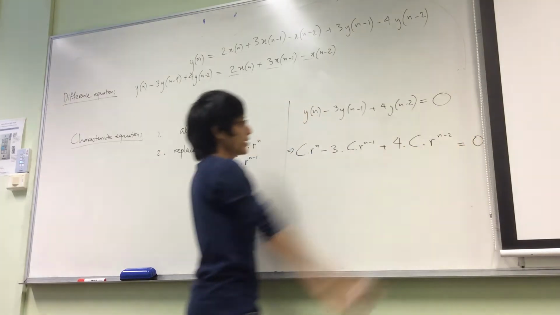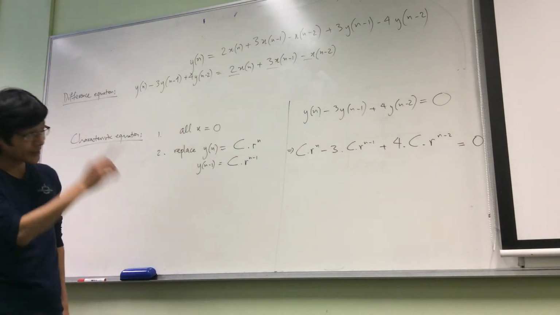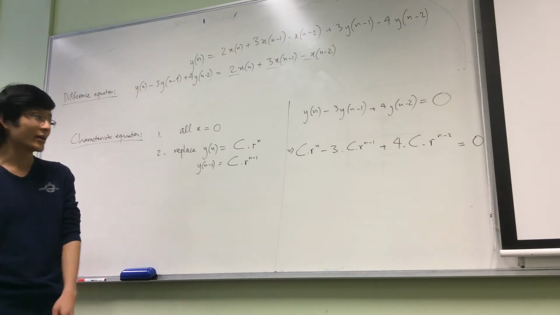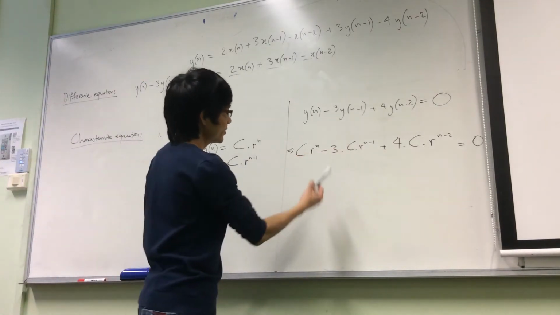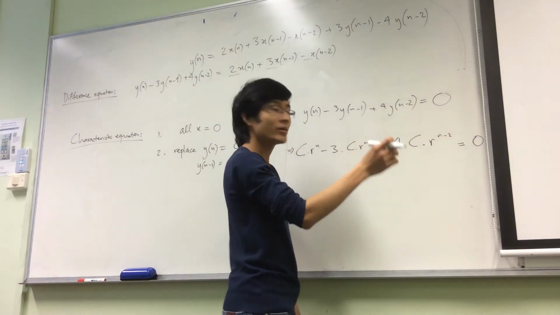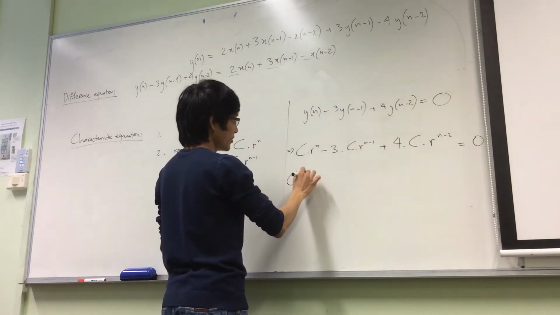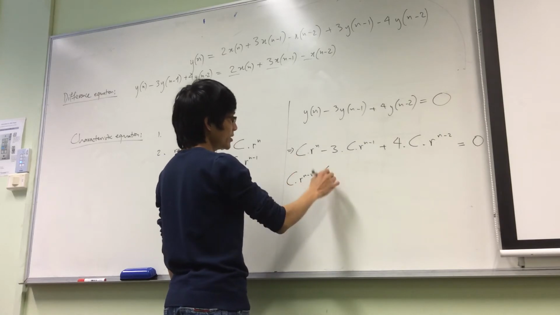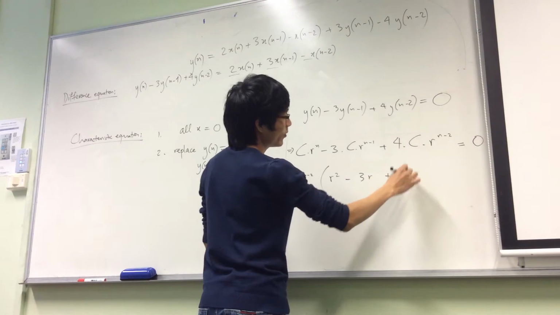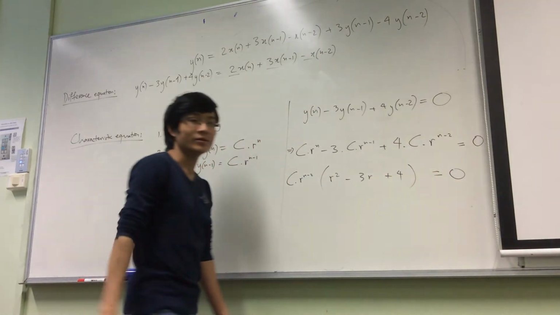C becomes your common factor, so you can cancel C. Now you can have r^(n minus 2) as a common factor as well. So C r^(n minus 2) is the common factor. This one will be left with r squared, this one will be r, and this one will be 4, equals 0.